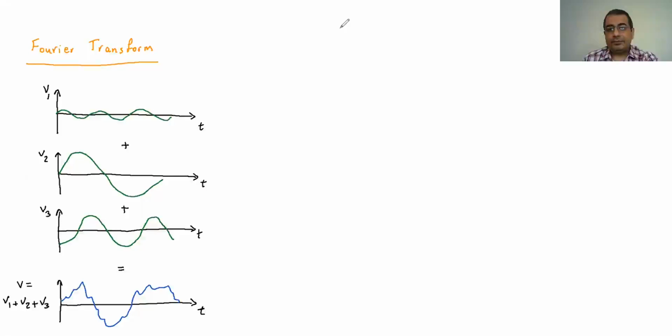Now let's look at the other way around. Assume I have this signal here, that's going to be a V over time, and I know the signal looks like this.